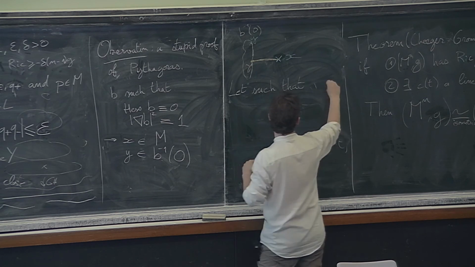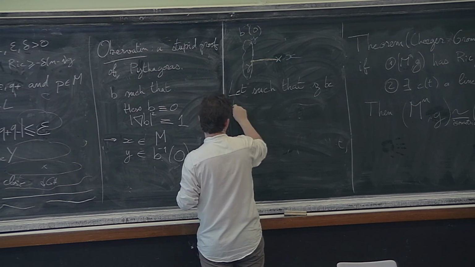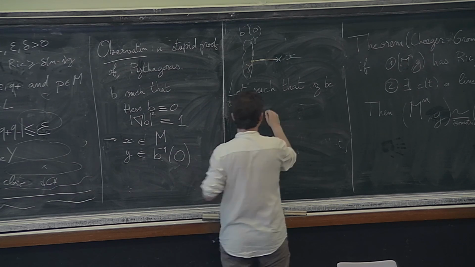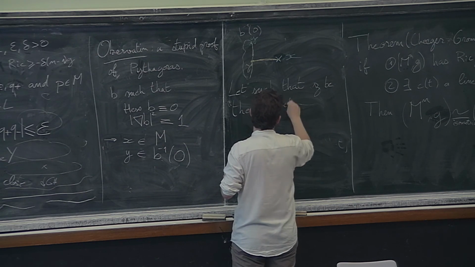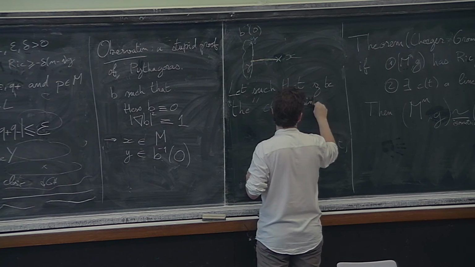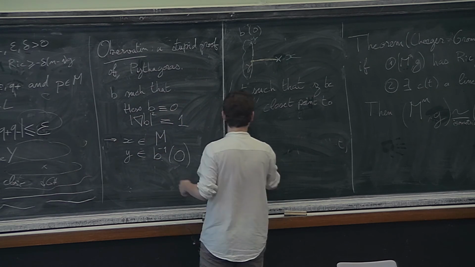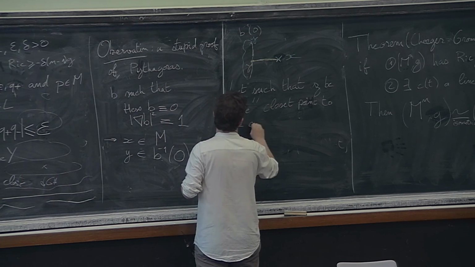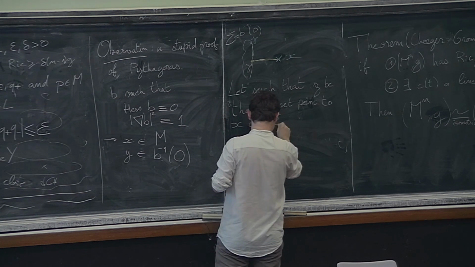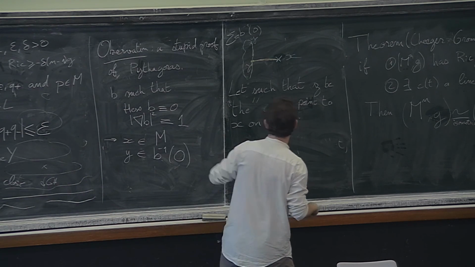I want Z to be, it doesn't need to be unique, the closest point to y, to x, on, let's give a name to that, that's a hypersurface, let's call that sigma. On sigma. Okay.